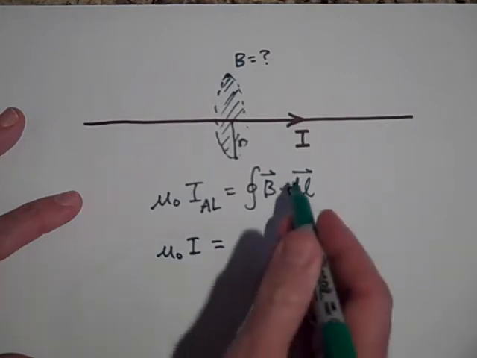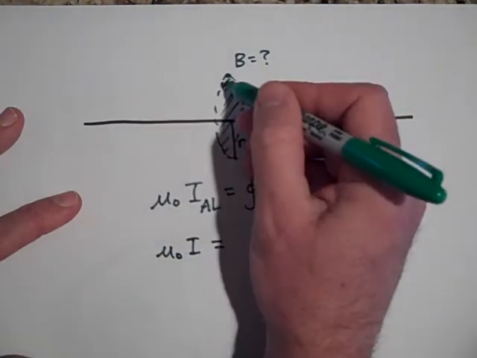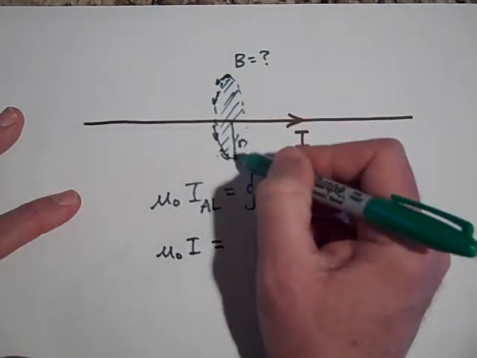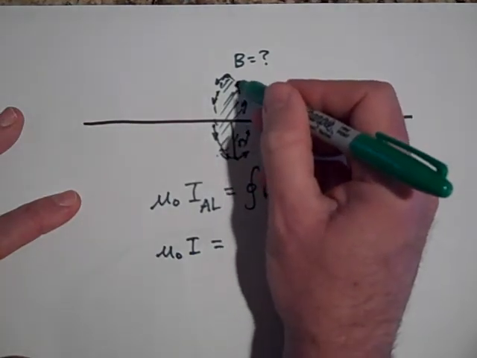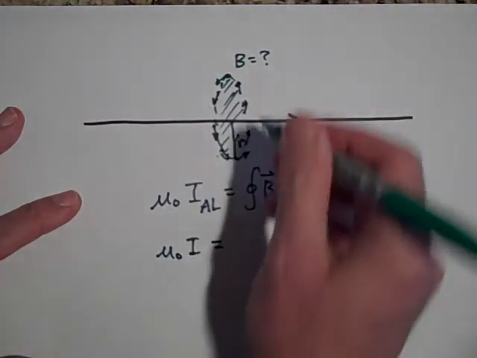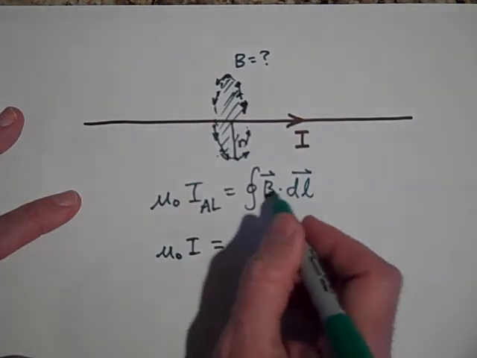And then on this side, the B's are going tangential to the circle. That's the direction the B's are going, and so are the dl's. So the B and the dl are in the same direction, and we can get rid of the dot product.